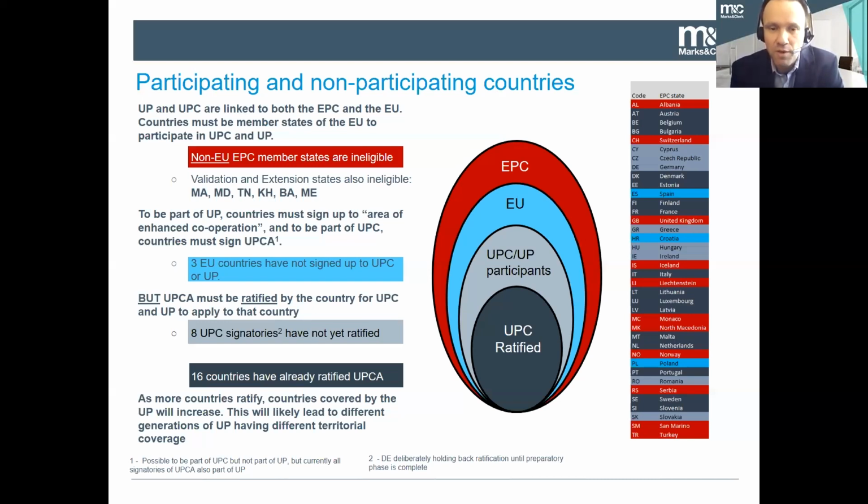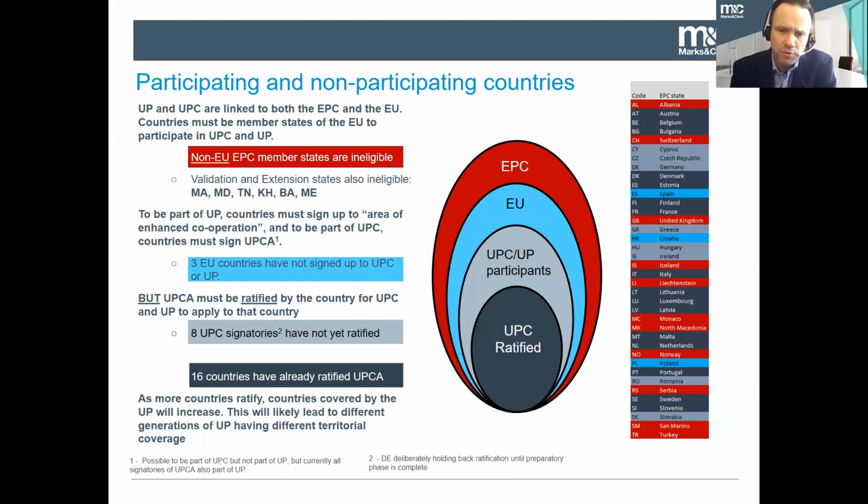Graham's mentioned them already, and Ireland, but they are not in the dark gray ovoid of countries that actually have deposited their instrument of ratification. It's only those countries that have deposited their instrument of ratification that UPs will extend to. So at the moment, for example, Ireland isn't covered. The minute Ireland deposits their instrument of ratification, they are covered.